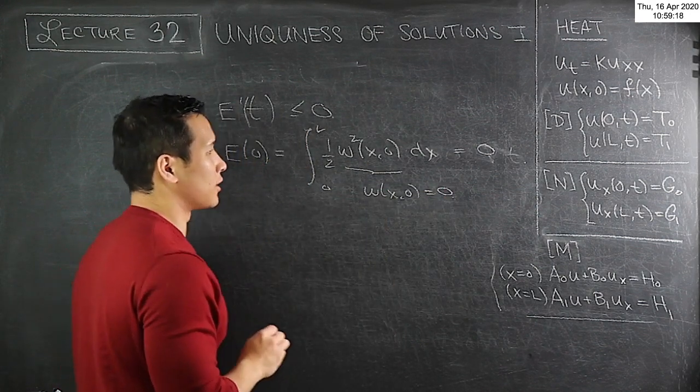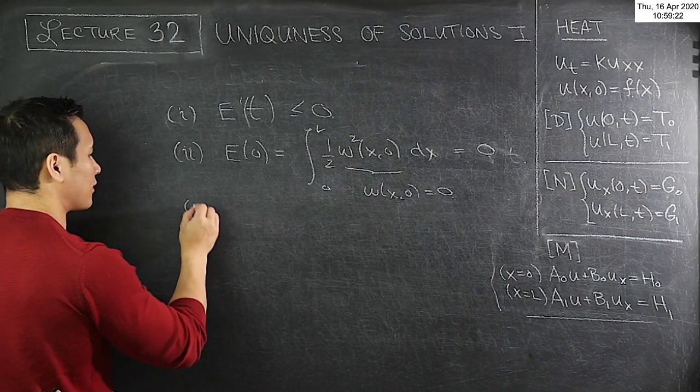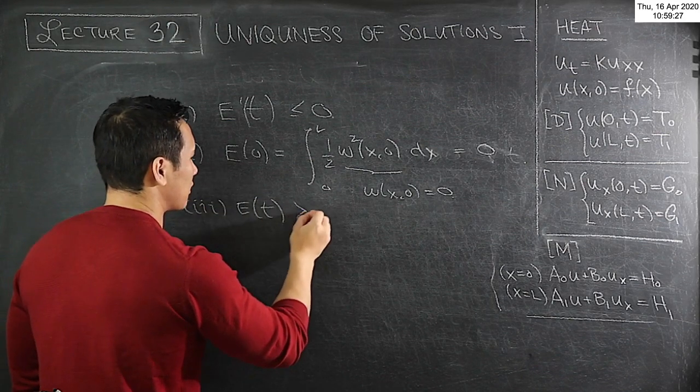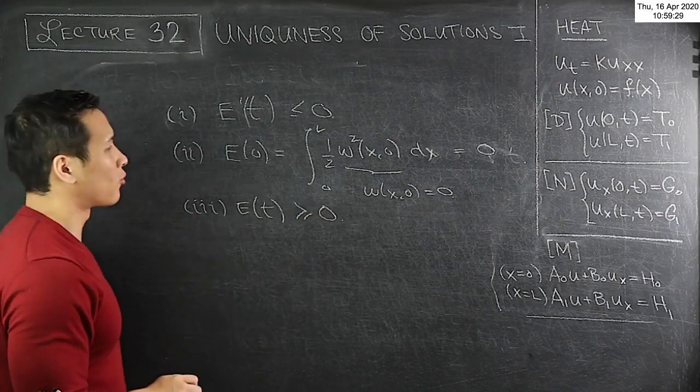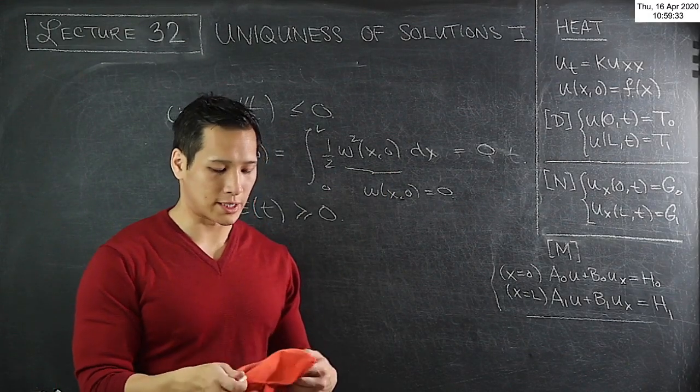That was one of the conditions we wrote down for that equation for W. And then finally, we know that E of t has to be greater than or equal to 0. Why? Because it's the integral of a squared quantity. So it has to be greater than or equal to 0.